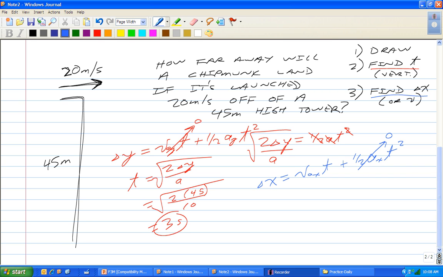And the y forces, the forces in the vertical direction, are independent of this x horizontal direction motion. Okay? So now I just take the initial horizontal velocity, 20 meters per second, and I multiply that by the 3 seconds that it's in the air, and I find that it lands 60 meters away from the base of the building.